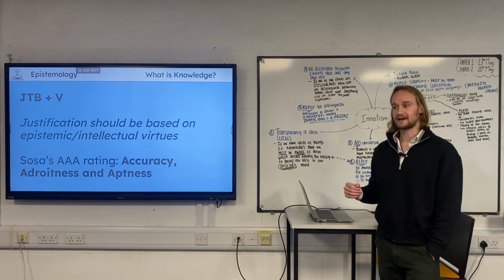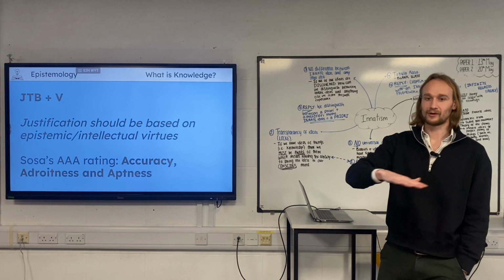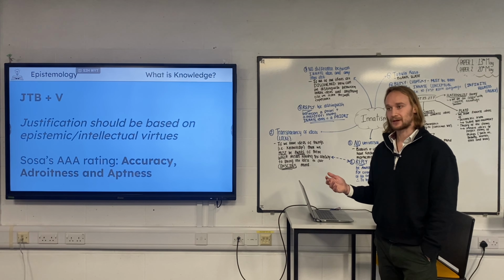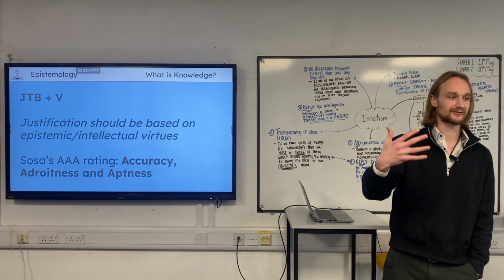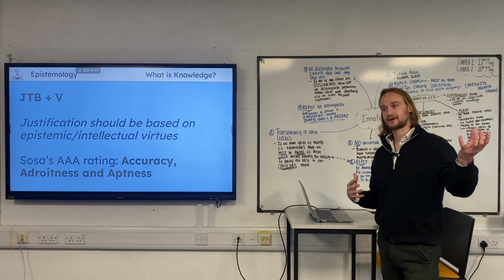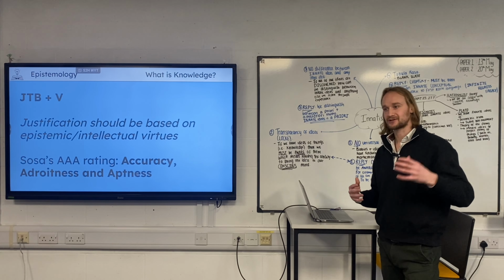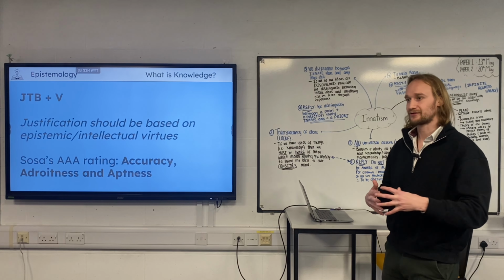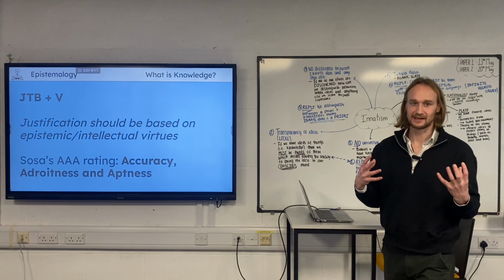So sheep in the field case, we wouldn't consider that knowledge under the virtue epistemology definition because he hasn't got a justified true belief in the sense of it's not apt that he's accurate. Yes, there is a sheep in the field, but there's not a sheep in the field because he's used his intellectual skills.